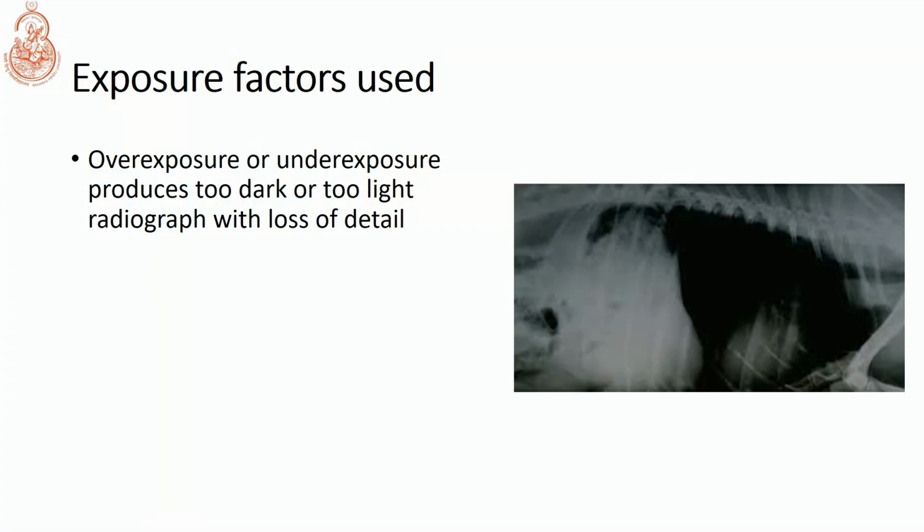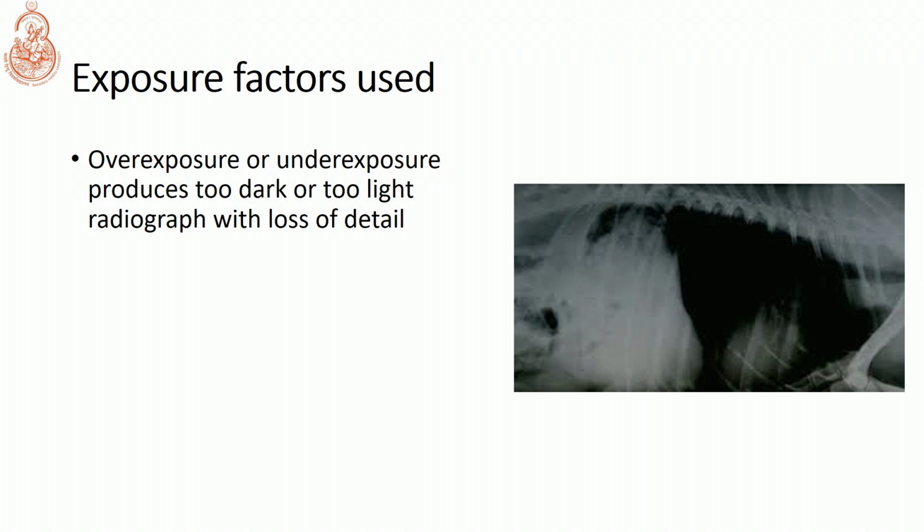The next one is the exposure factors. The exposure factors include the kilovoltage, the milliamperage, and the seconds, that is, the time. So these three are the exposure factors. When we have an X-ray which is underexposed or overexposed, it can form either a too light radiograph or a too dark radiograph, which is going to lead to loss of the detail of the radiograph, which is going to be of no use for diagnostic purposes.